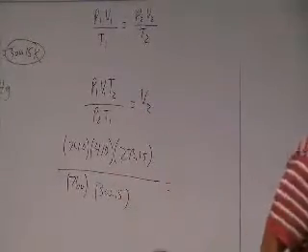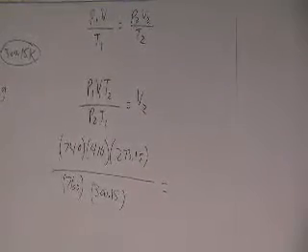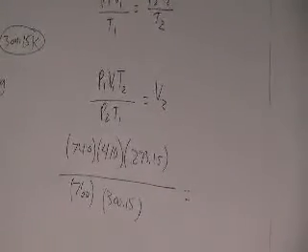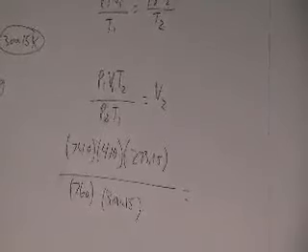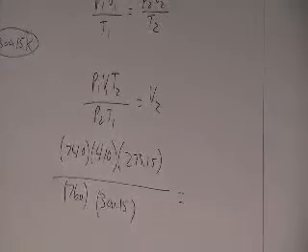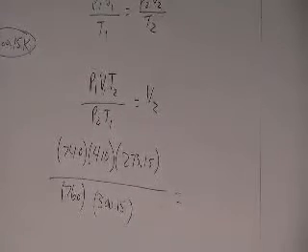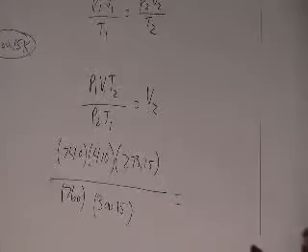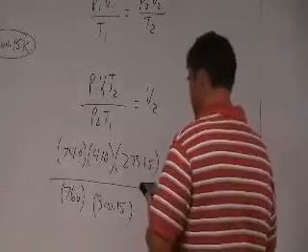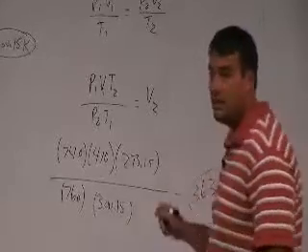Where's my calculator? Here we go. All righty, 740 times 410 times 273.15. What'd you get? Wonderful. Did you get that?